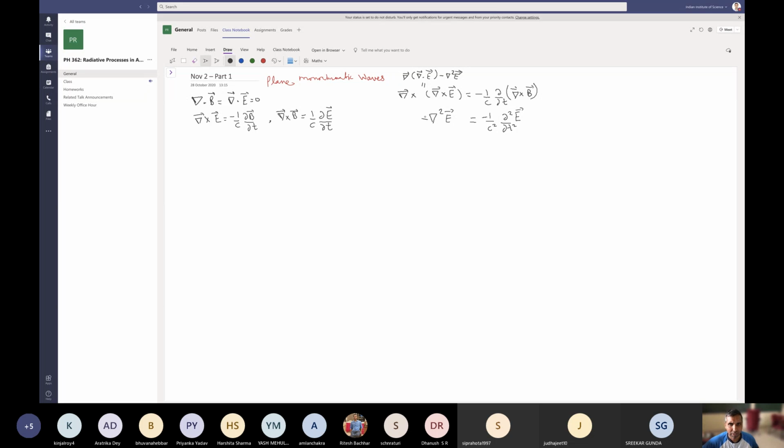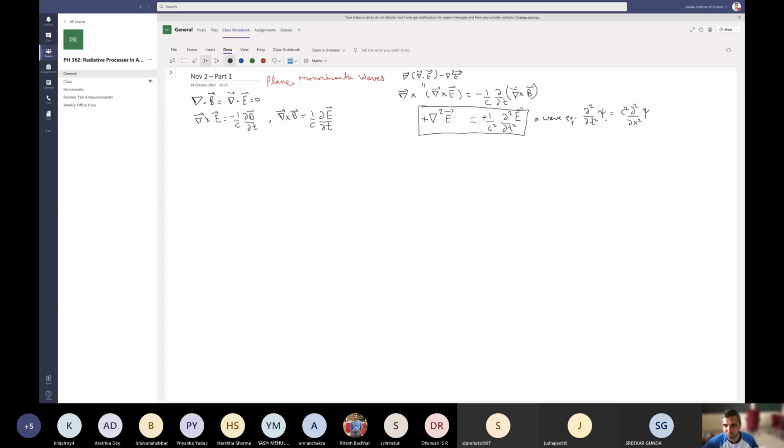So basically you have this equation, right? So this is a wave equation. You recall, even for sound waves or any simple waves, you have equations like dou 2 by dou T squared psi equals C squared dou 2 dou X squared psi.